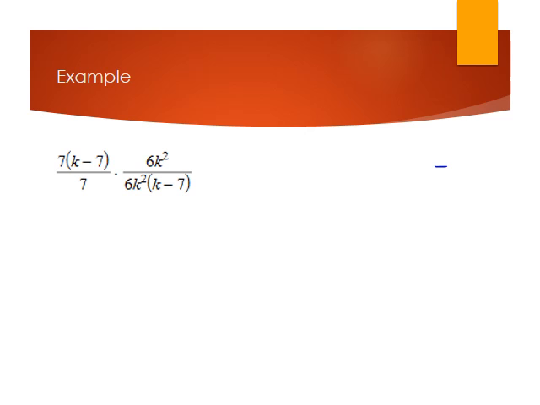So now I'm going to look at reducing. When I reduce, I've got a 6k squared here and a 6k squared there, so they're going to cancel. My 7's cancel too, and then I have k minus 7 and k minus 7. Even though they're not in the same fraction, they can still reduce as well.